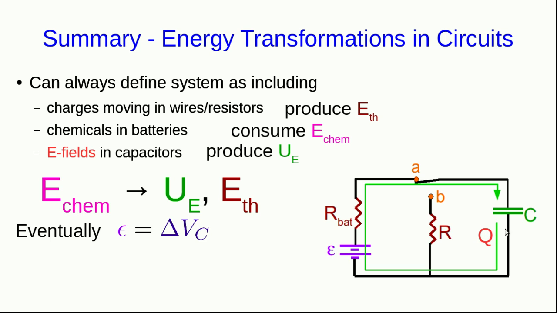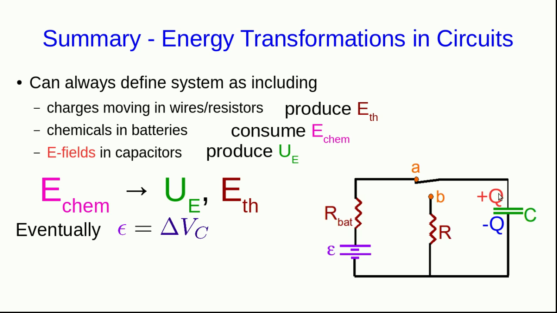At that point, some charge, Q, has been pulled off one plate of the capacitor and moved around onto the other, passing through the battery in the process. And so now we have some plus Q on one plate and negative Q on the other plate, and during that process, the battery has done work to pull a total amount of charge Q through an EMF epsilon.